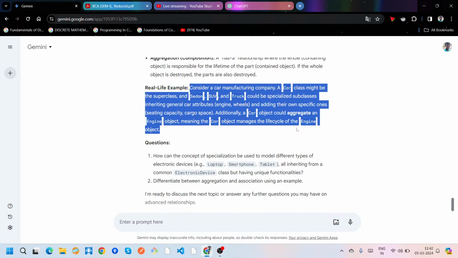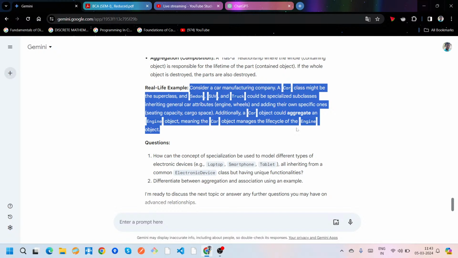Additionally, a car object could aggregate an engine object, meaning the car object manages the life cycle of the engine object.